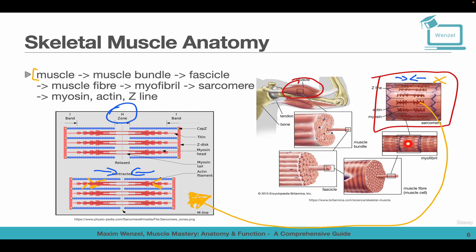Because this one is contracting, and this one, and this one, the entire muscle will contract. So every little unit is responsible for the entire contraction. I will be talking about this more precisely in the filament theory, but for now you have a little idea of how contraction works, and you will see why knowledge about the anatomy is very important to know how a contraction works.